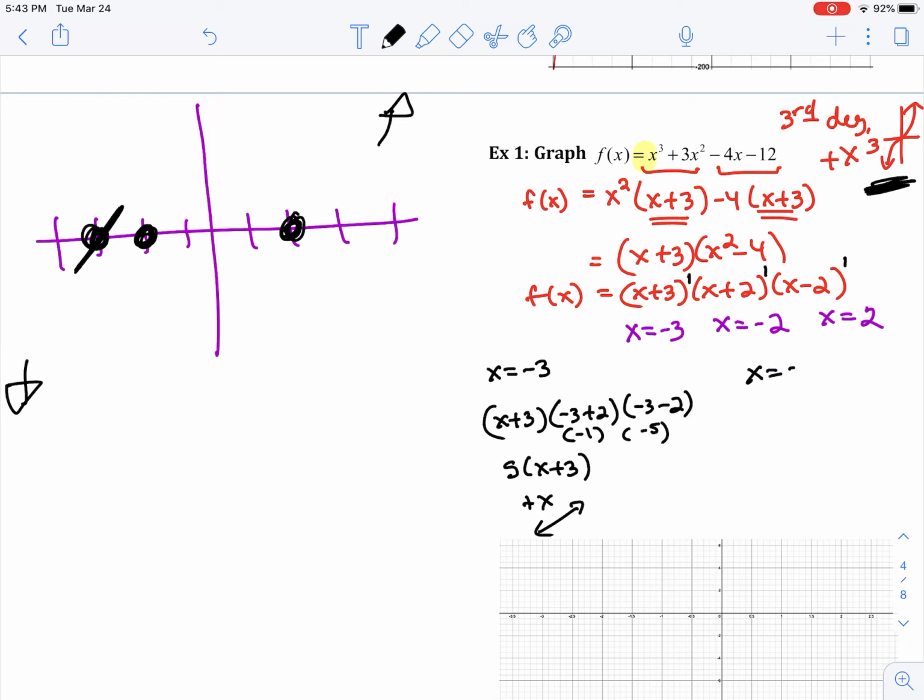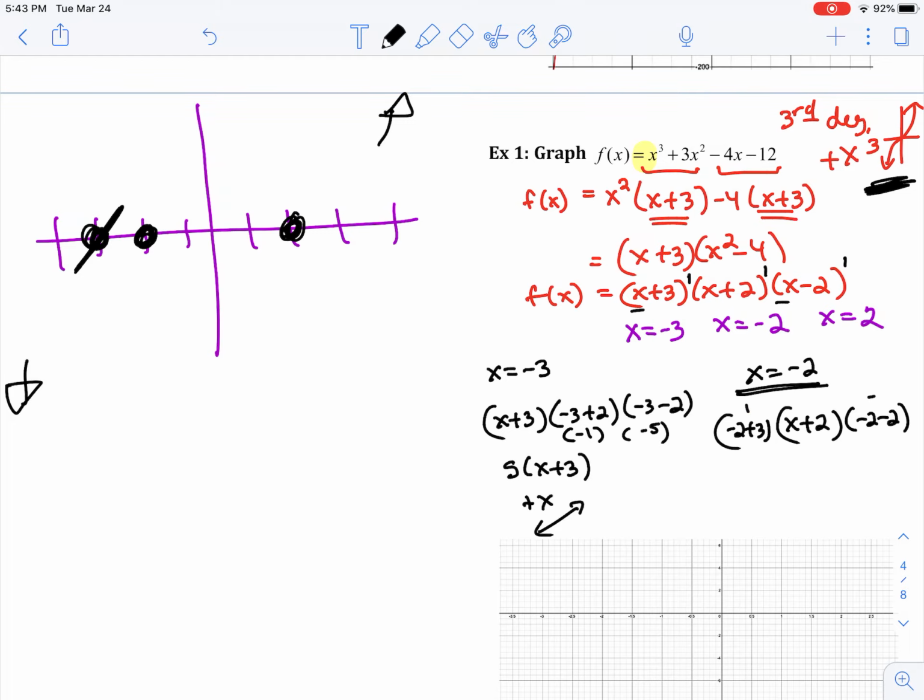As we approach x equals -2, that came from the factor of x plus 2. So I'm going to leave that factor alone. I'm going to plug -2 into the other two factors where it did not come from. So I have -2 plus 3, and -2 minus 2.